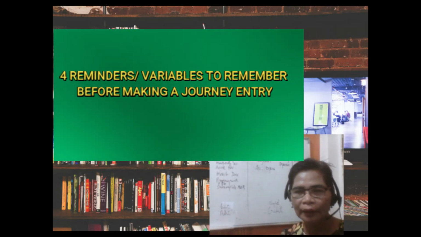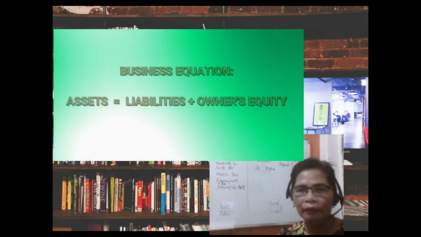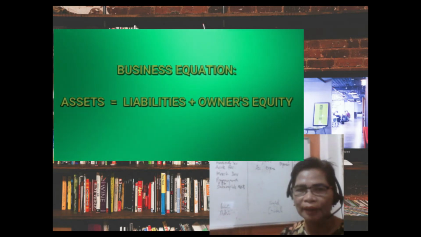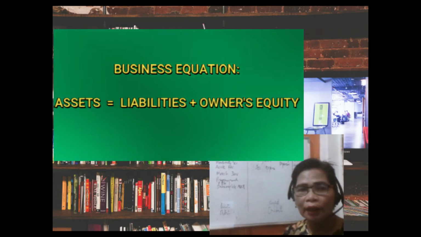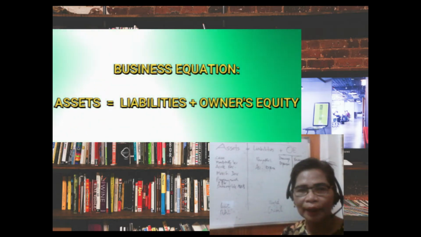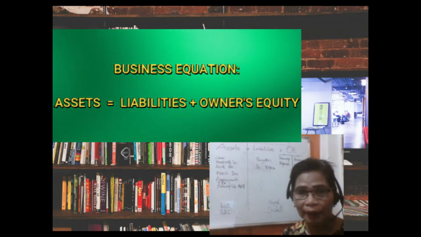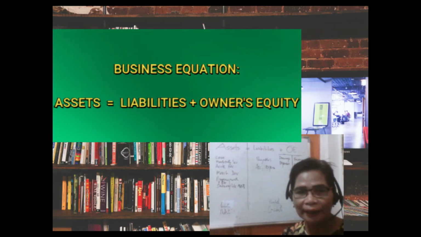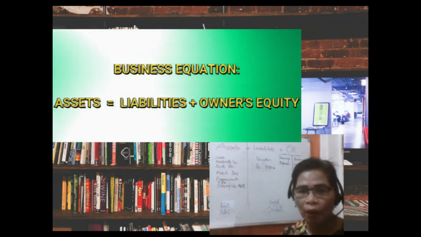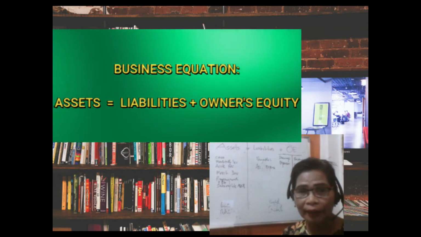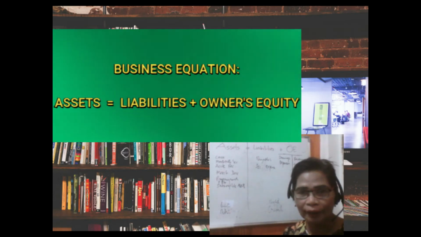The first one is familiarity with the business equation. At the board, you see there the business equation. The business equation is assets equals liabilities plus owner's equity. So there is an equal sign between assets and liabilities plus owner's equity. In other words, whatever the amount of the assets will always be equivalent to the amount of liabilities plus owner's equity.